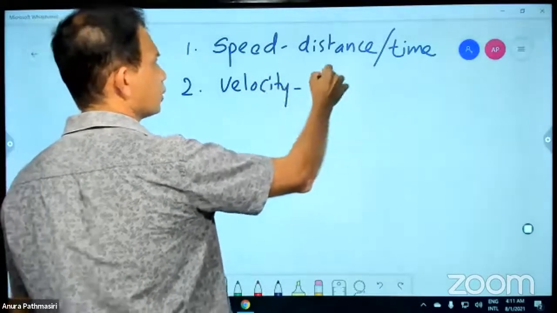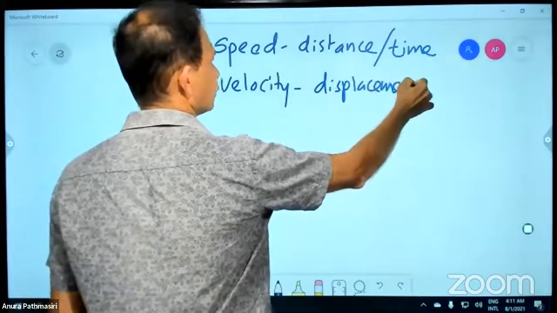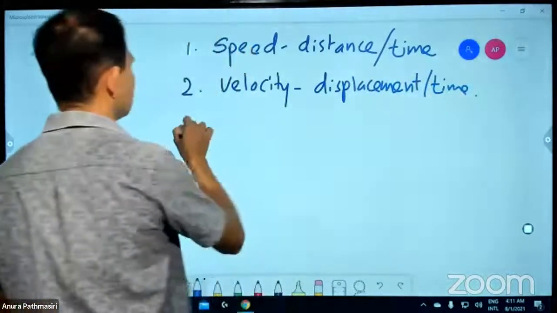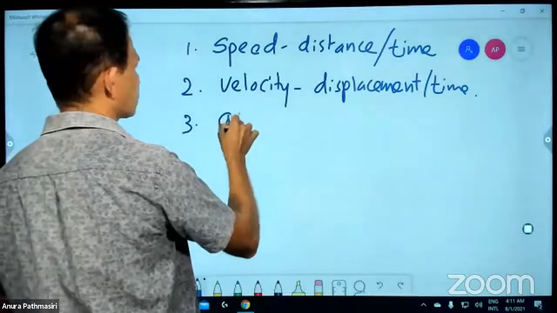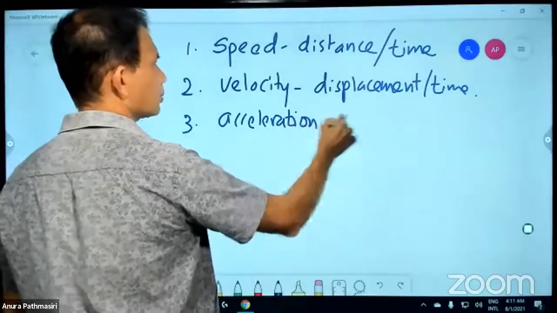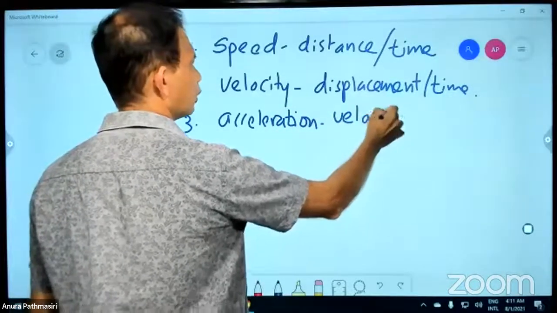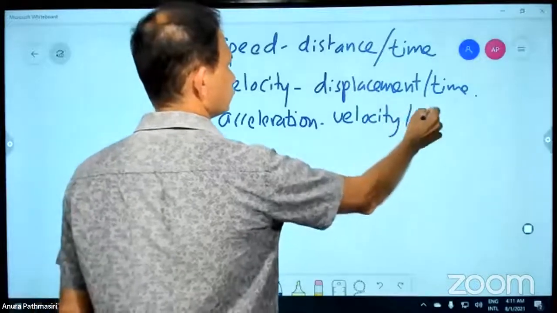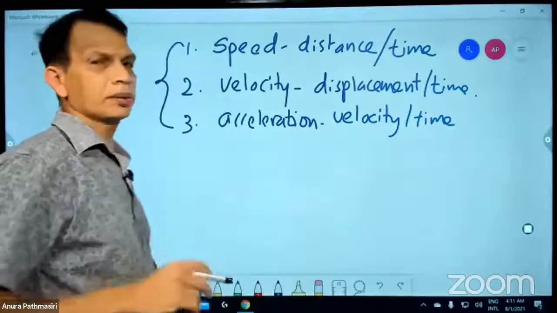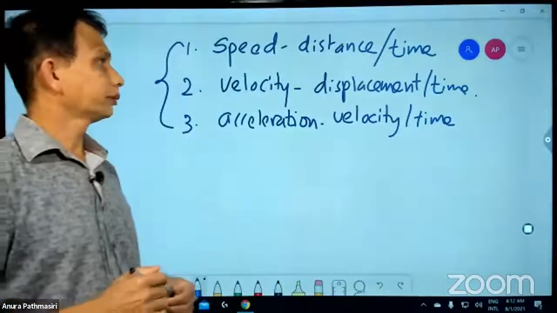Velocity comes with displacement and time. And then third one is acceleration. Acceleration is between velocity and time. So these are the key features of the second unit.